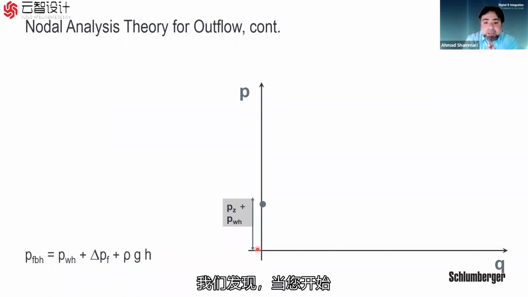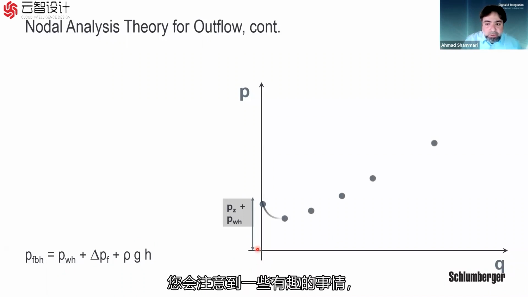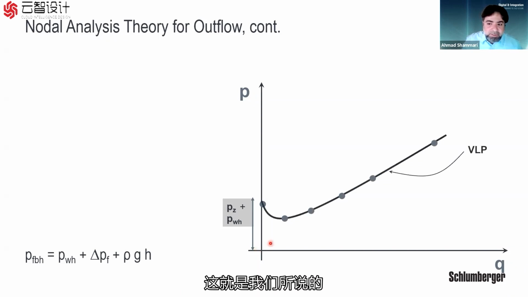Now, what we found is that when we start flowing, you will notice something interesting. This is what we call the VLP, vertical lift performance, or outflow curve. It is clear that as the flow rate increases, this part will increase. The friction will increase, right?